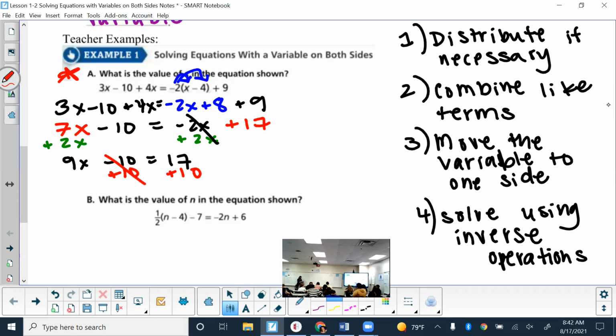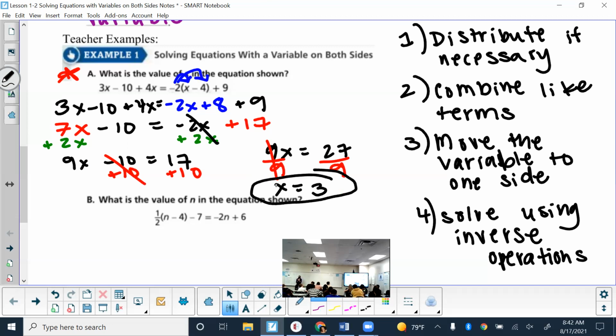Repetition is the mother of all learning, right? So it should be repetitive. You're doing the same process each time. On the right side, with 17 plus 10, one more thing we have to do, which is n x equals 3. All right, any questions?